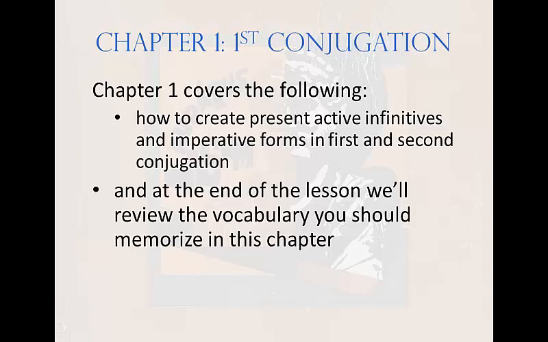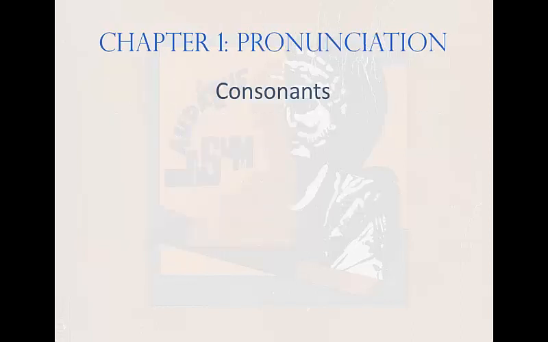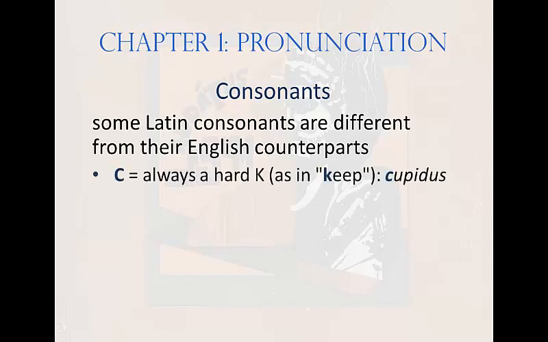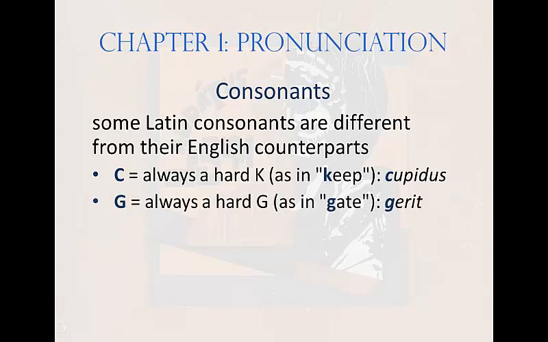Latin pronunciation. Consonants. Most Latin consonants are pronounced the same way that consonants are pronounced in English, but a few are different from their English counterparts. For instance, C is always a hard K sound, like in keep. For example, Cupidas. G is also always hard, as in gate.